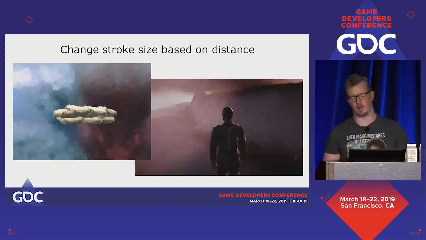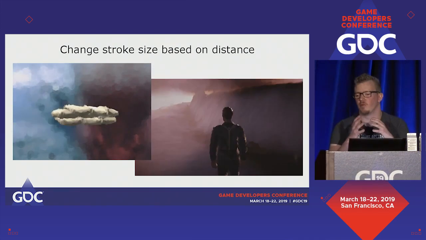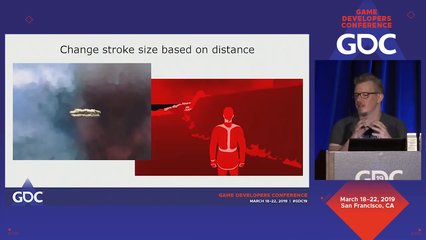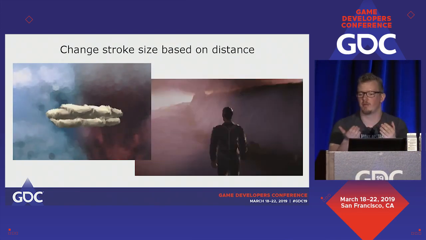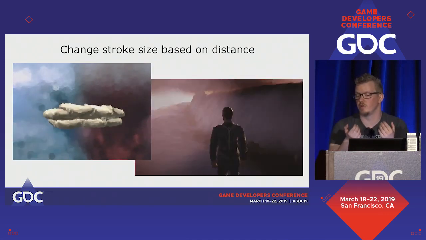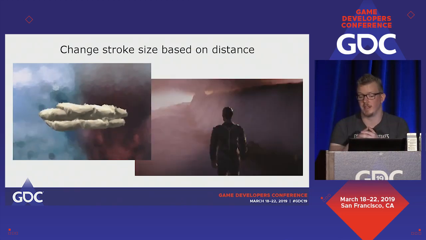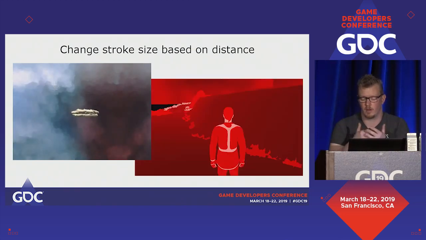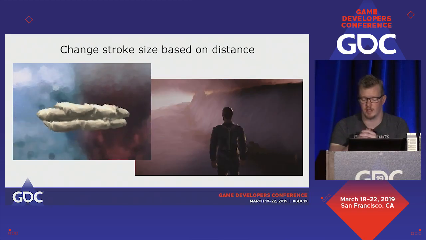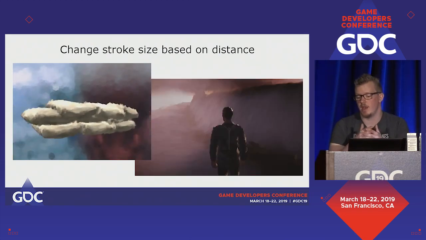Something else that was important was that objects would have the correct size of strokes attached to them. If something recedes into the background and it's important that it's still legible, we need the strokes on it to be smaller. That was quite easy, by just taking the depth in the fragment shader and using that to increase the brush size.